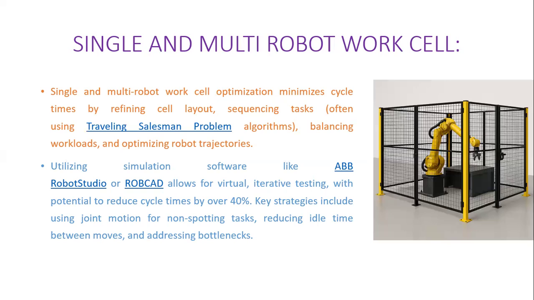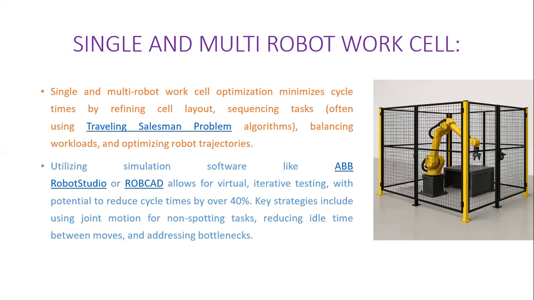Now coming back to the subject presentation, in both types of layout, single and multi-robot work cell, the common objective is to control the station time, that is the work completion time. So we have to optimize the work completion time by sequencing all the batches of jobs according to the flow pattern.